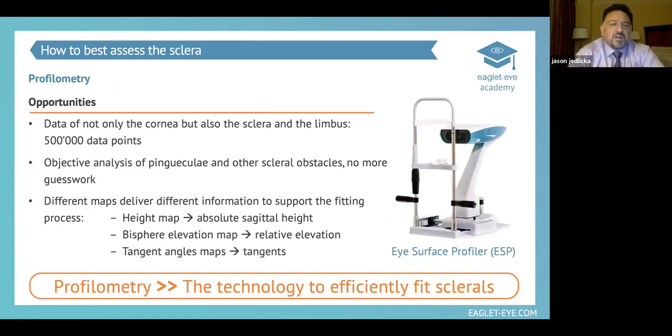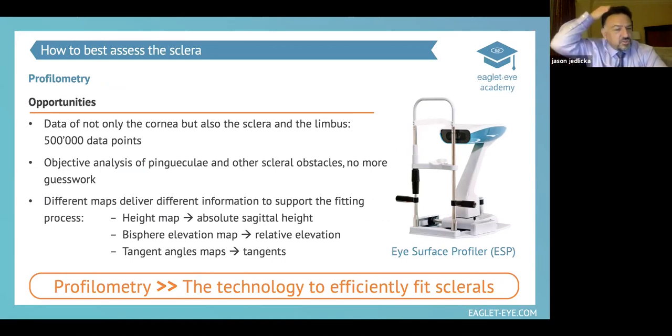So how does profilometry make this process so much more straightforward? Again, we're getting tens or hundreds of thousands of data points, not just on the cornea, but on the sclera and limbus as well. You've got height maps to assess the shape of the eye.